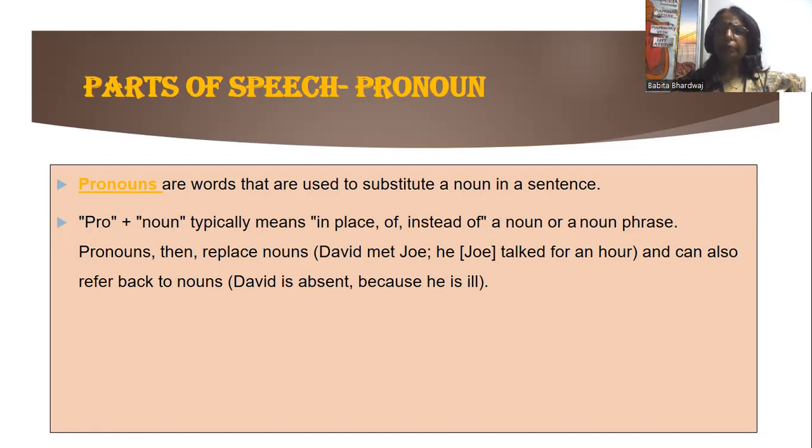And pronouns can also refer back to nouns. David is absent because he is ill. In that way, you can see that the noun is being replaced by the pronoun.